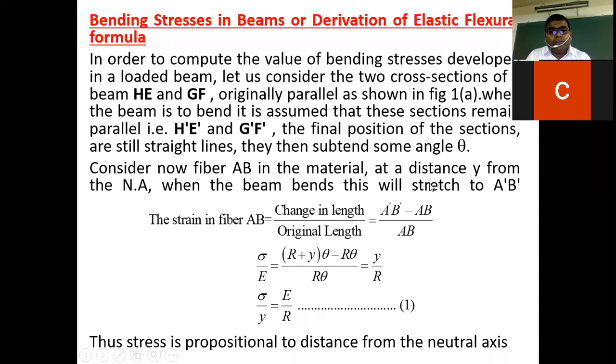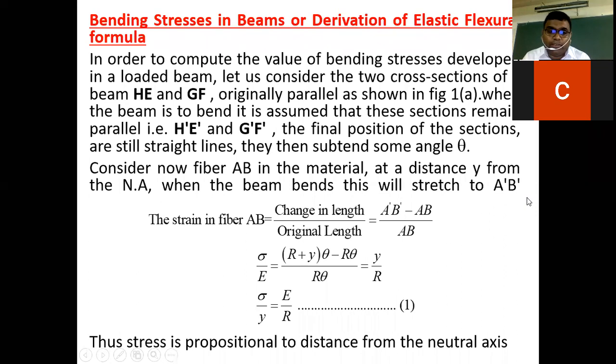All this mentioned in the diagram shown, you can see the final position of the section is still a straight line. They subtend some angle of theta degrees. So consider now a fiber AB in the material at a distance y from the neutral axis. When the beam bends, this will stretch to A dash B dash.